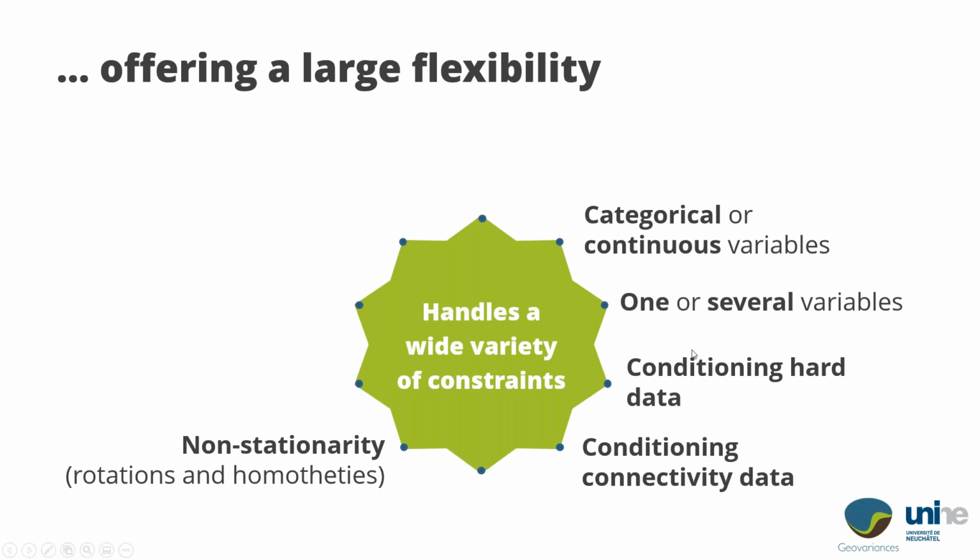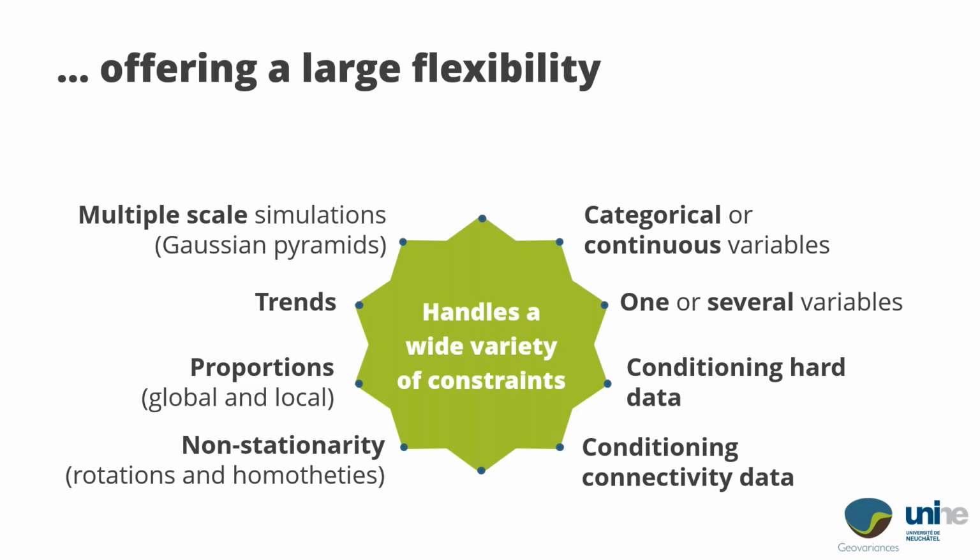We can use some proportion, and in this case, we can work globally or locally to describe our training image and what we want to obtain in the simulation grid. We can use trend variables, so correlated variables known on the training image and on the simulation grid.